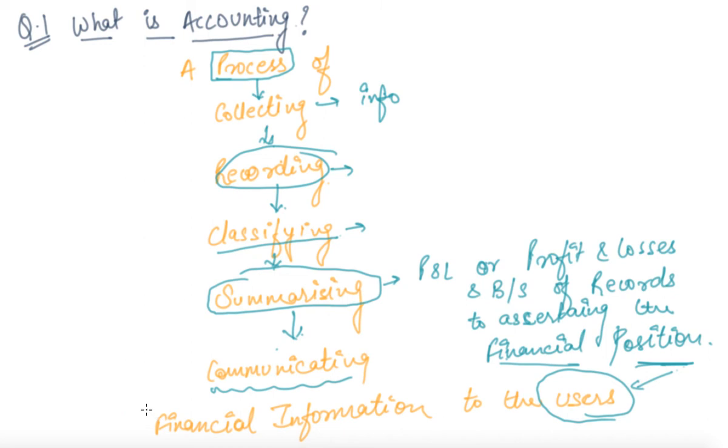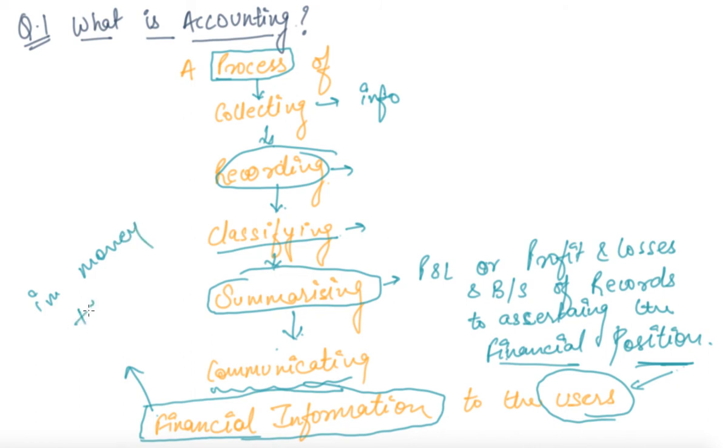But the most important term in the definition is the financial information. Without the term financial information, the process of accounting is incomplete, because if there is no financial information, that is, if there is nothing in money terms, then no accounting can take place.